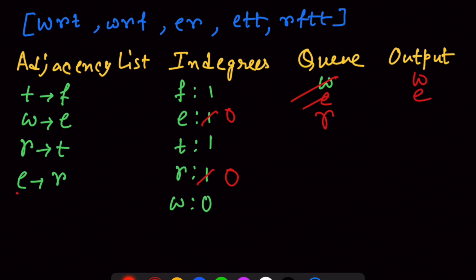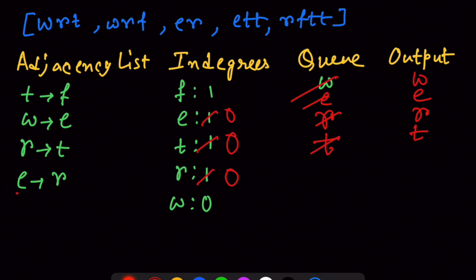Next we are adding R. R has integrity 0 now, so I can add it in our output. We'll check all the neighbors of R. R has only one neighbor, that is T, right? So that will decrease the integrity of T, that will become 0, and as it is 0 we can add it in our queue. Now T has integrity 0 at this moment, so we can add T in our output.